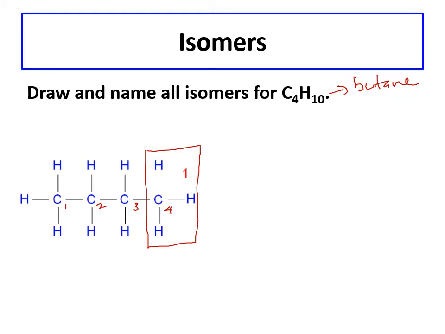All right, for example, if you want to exchange the CH3 with this hydrogen, you will still get the straight chain of butane, which means you're not allowed to attach to C3 and you cannot attach to C1.